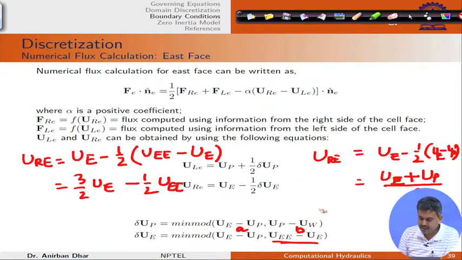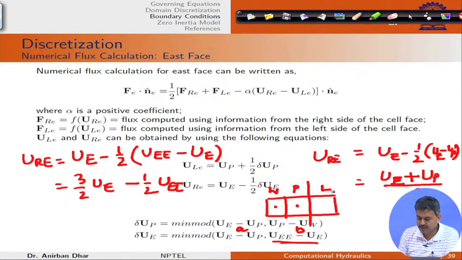So, again the information that is coming from my right side, this is P, this is W, this is E, and this is the east-to-east cell. So, for this cell, if the information is there, I can take again a linearly interpolated value using this EE and E here.